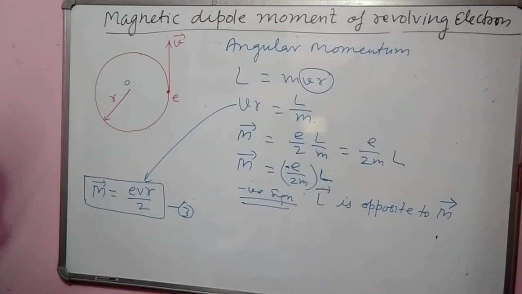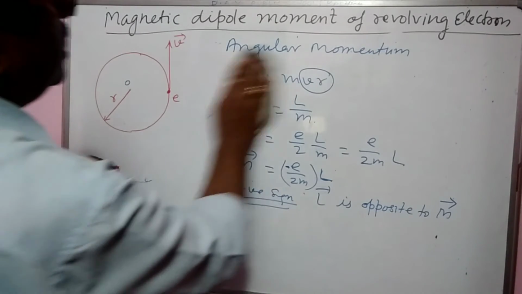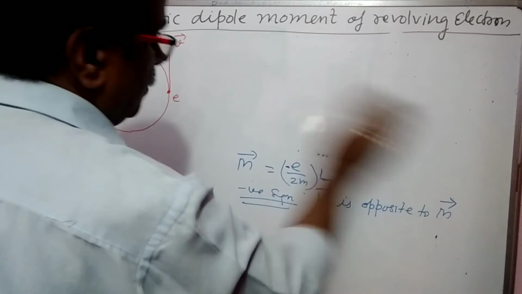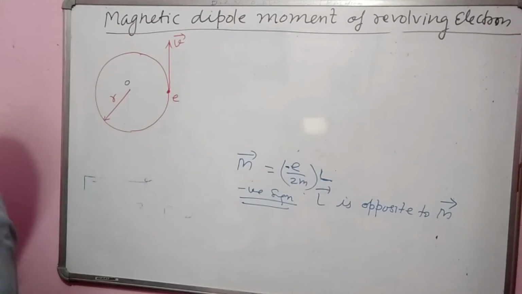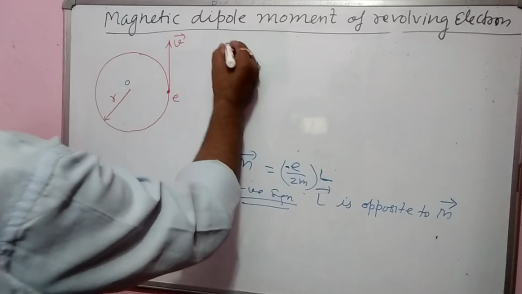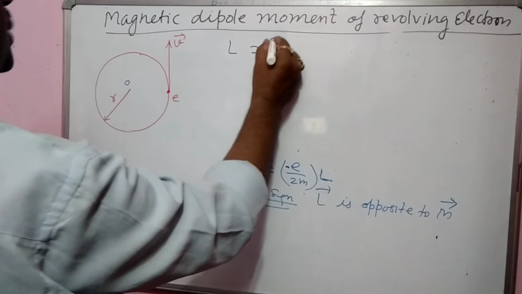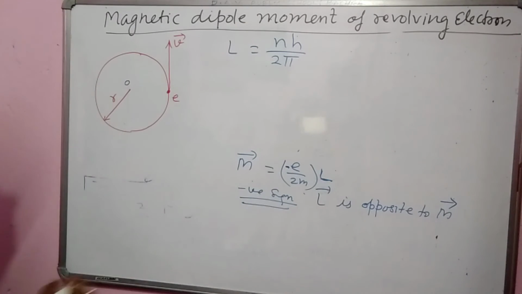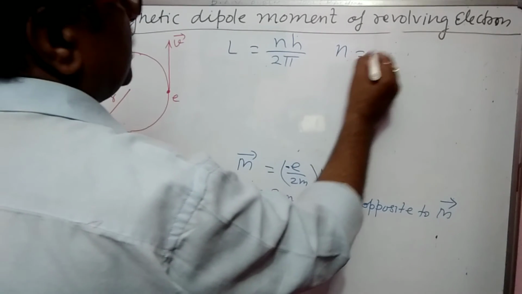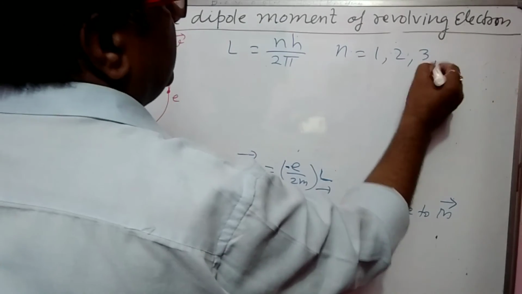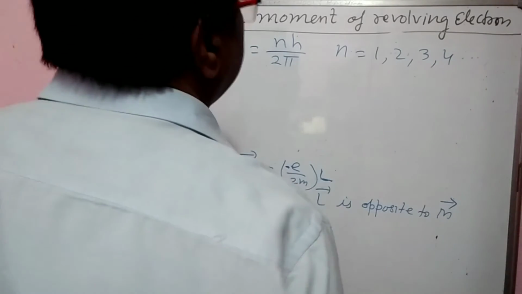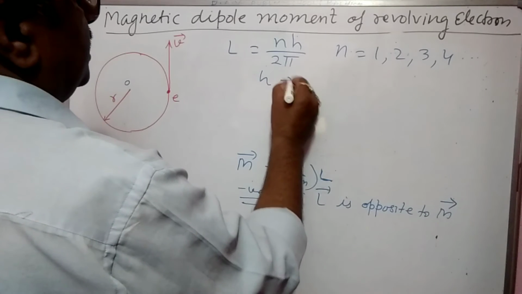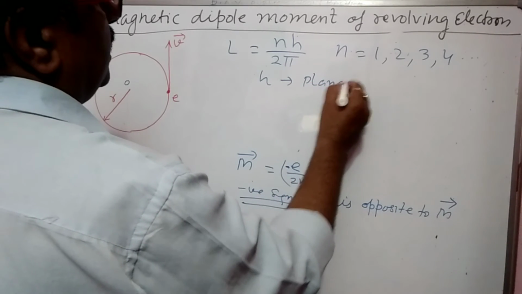From the second postulate of Bohr, we know that angular momentum L is equal to nh by 2 pi, where n is equal to 1, 2, 3, 4 and so on. This is the principal quantum number, and h is Planck's constant.